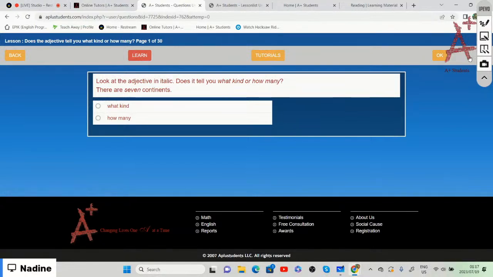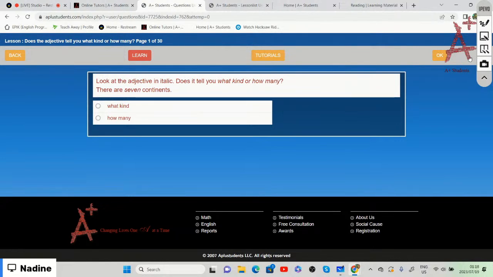It can also be like many, some, few. That is just a few examples. So you need to look at the adjective in italics and you need to say whether it tells us what kind or if it tells us how many.